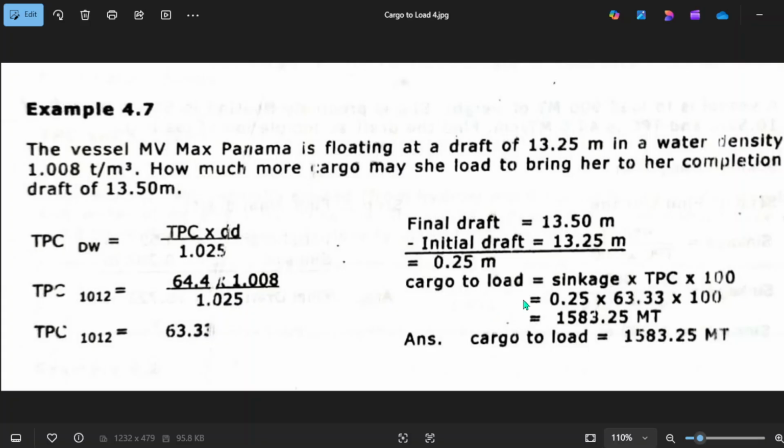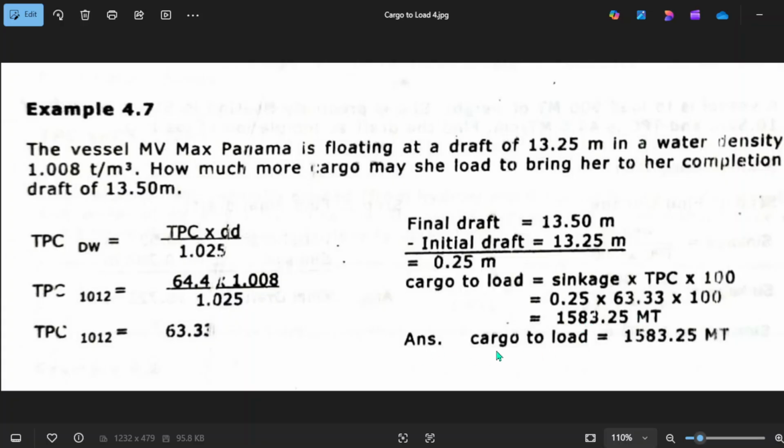Now, this is the formula to get the cargo to load or remaining cargo to load. That is sinkage times TPC times 100. The sinkage is 0.25. Your TPC is 63.33, which is this one. Multiply by 100, and you get the value of 1583.25.